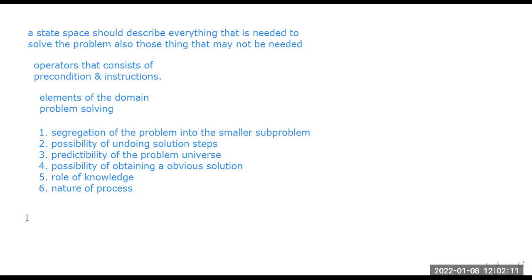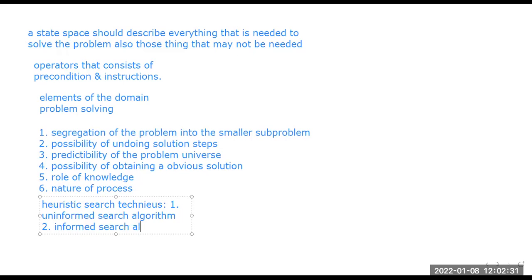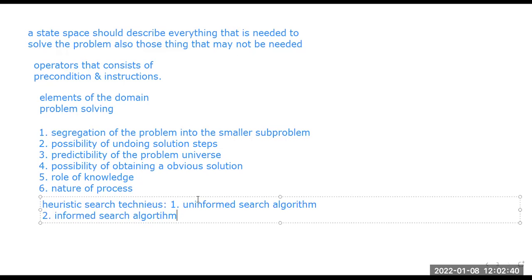So heuristic search has two types of scenarios present: uninformed search algorithm and informed search algorithm, right?